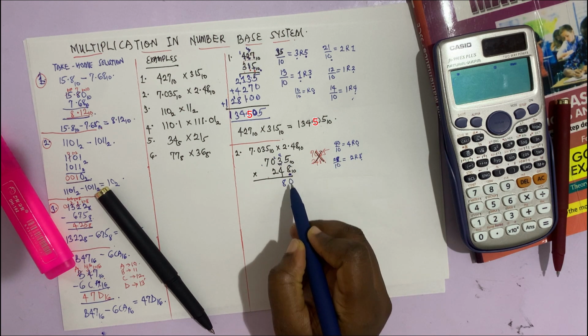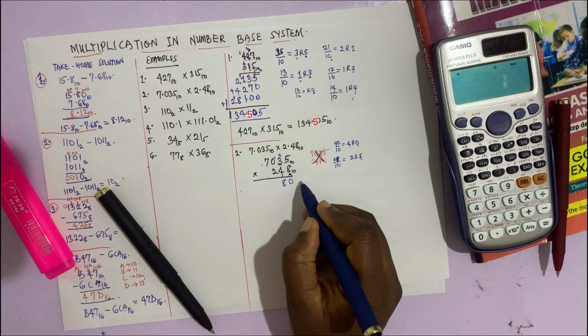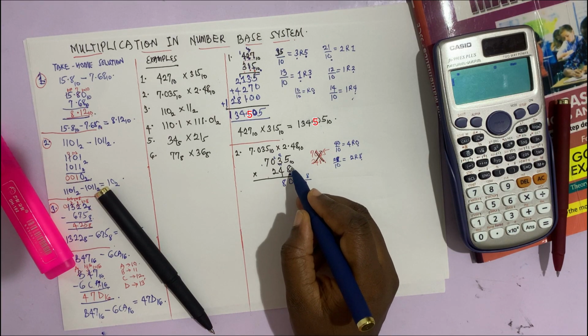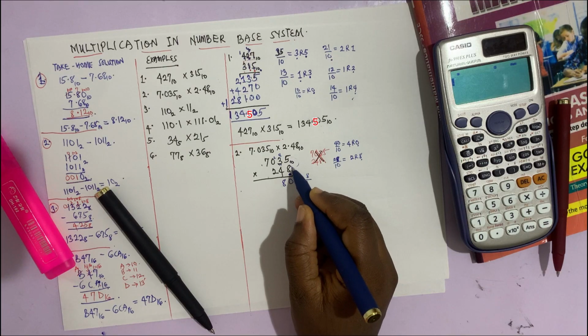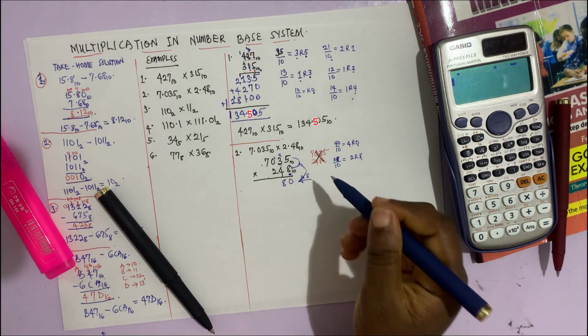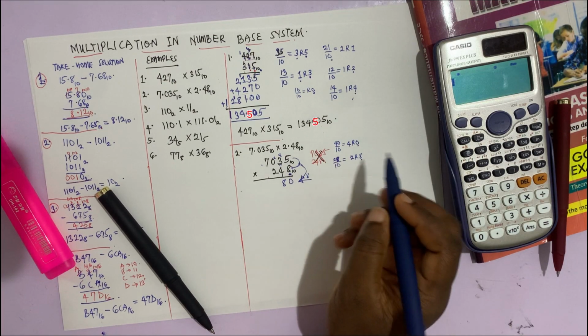Don't forget, we are still doing the first layer of multiplication, which is multiplying all through by 8. We are multiplying 8 by all of this to get the first row. So 8 times 0 will give us what? 0.